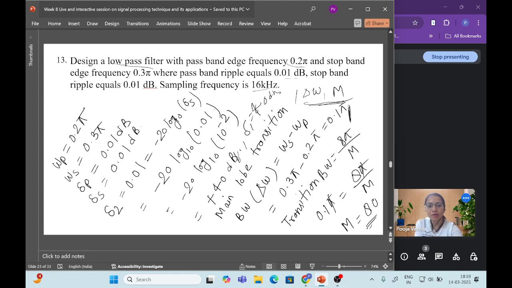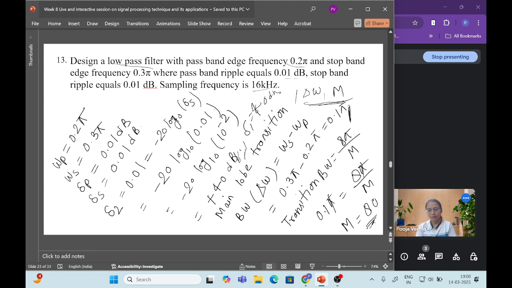They have asked to design a low pass filter, so you just have to find out the other parameters needed. So just calculate those parameters. We have got the transition bandwidth, the order of the filter, and also the peak ripples in the stop band and pass band.